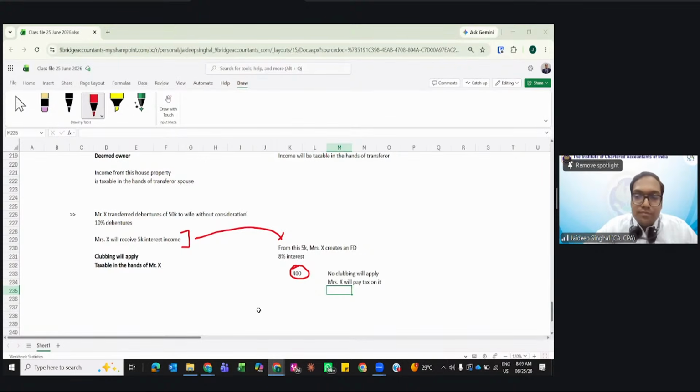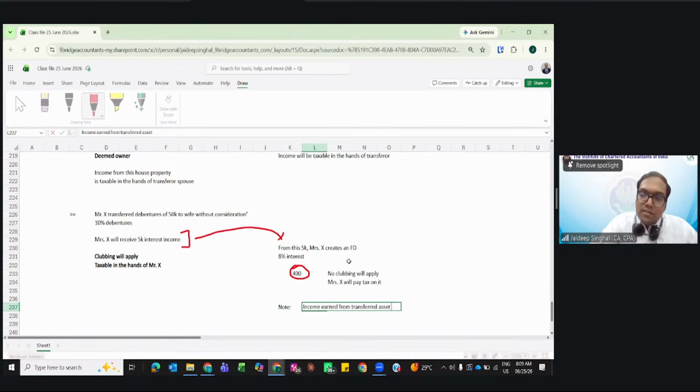Write a note here. Income earned from a transferred asset is clubbed.